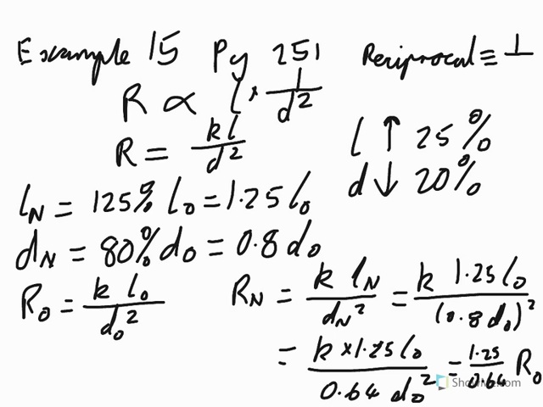And when we get our calculator out, 1.25 divided by 0.64 is 1.95.